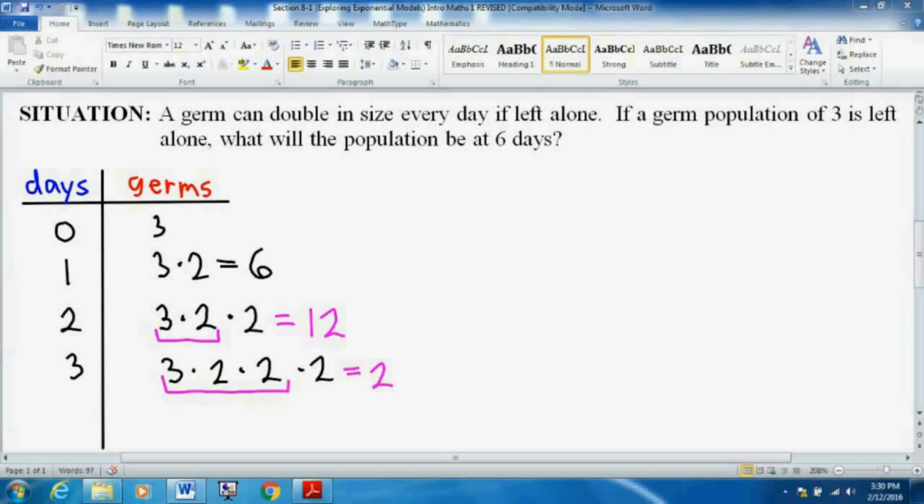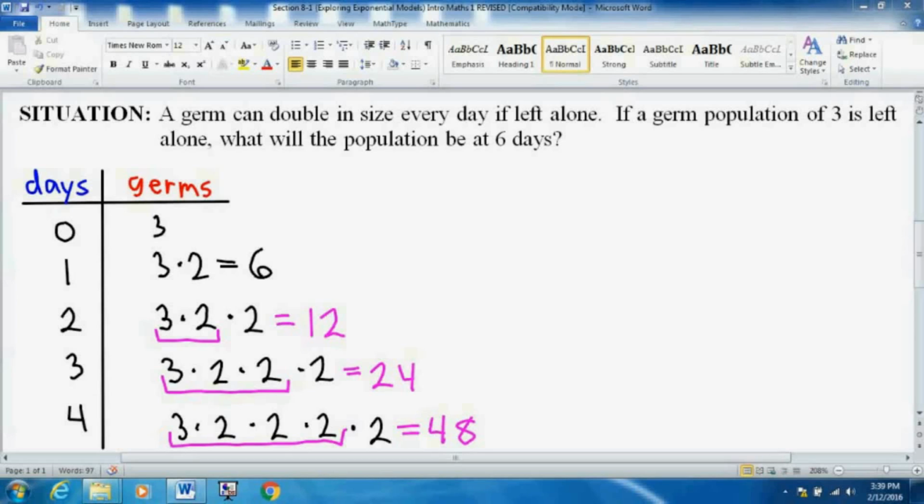Since it doubled, we now have a population of 24 germs. At day 4, we will have 3 times 2 times 2 times 2 times 2. This will represent a population of 24 germs, which was the previous germ population, which we will then double, meaning we will multiply that by 2, which will give us a new germ population of 48 germs.